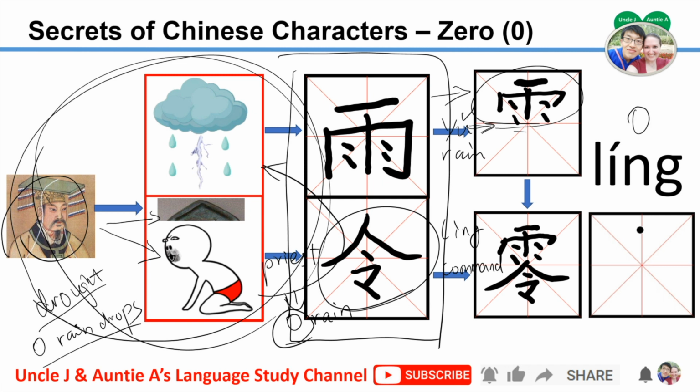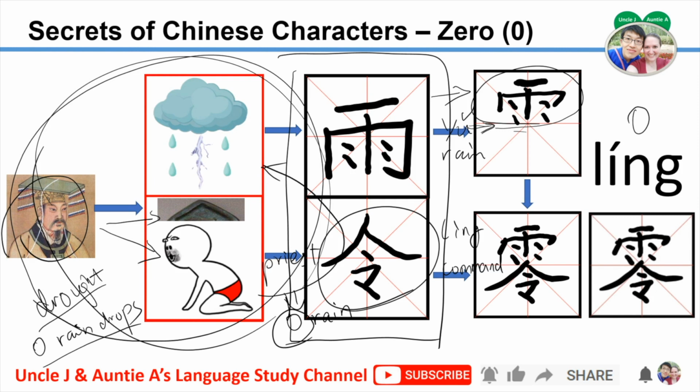So please use your piece of paper and follow this animation. We have rain on the top, and then we have command on the bottom. It means command rain. An emperor is commanding his priest to pray for rain, means 0.